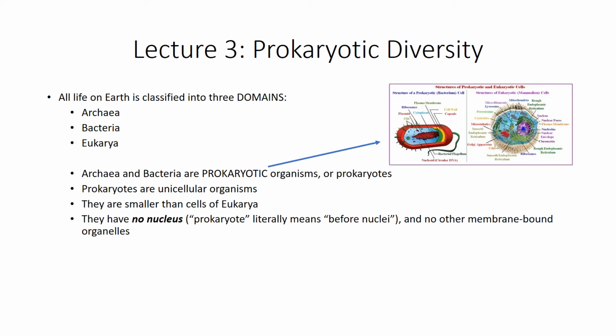Archaea and bacteria are prokaryotic organisms, or prokaryotes. Eukarya are eukaryotic organisms, plants, animals, bears, birds, bees, humans, you and me. We all belong to the domain eukarya, but domains archaea and bacteria include only unicellular microorganisms, invisible without a microscope, which are prokaryotic.